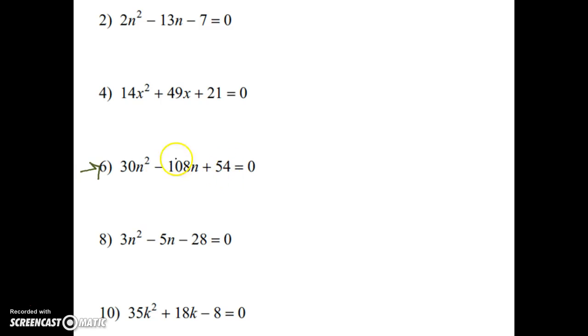That's 9 times 6. Does 6 go into 110? Well, yeah, it goes in here 1 time. There's 4 left. It goes into 48 18 times, so it does. So I'm going to write the greatest common factor here is going to be 6. And I'm going to have 5n squared left minus 18n plus 9. And that needs to be equal to 0.